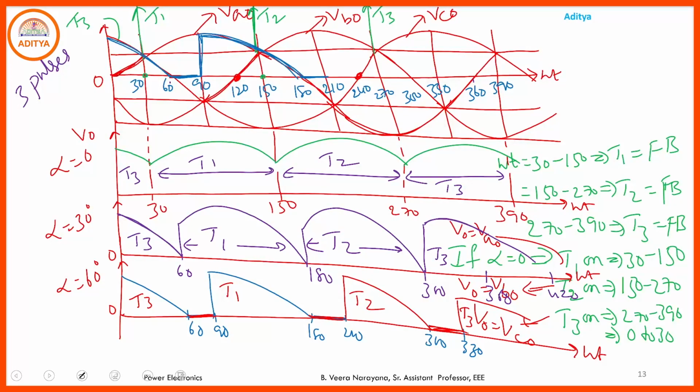It's very important. In this three-phase half-wave converter, depending upon the firing angle, we are able to operate in two modes with R load only: if alpha is less than 30 degrees, continuous conduction mode, and if alpha is greater than 30 degrees, discontinuous conduction mode.